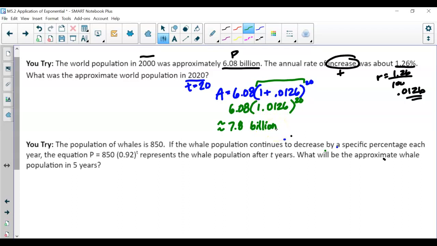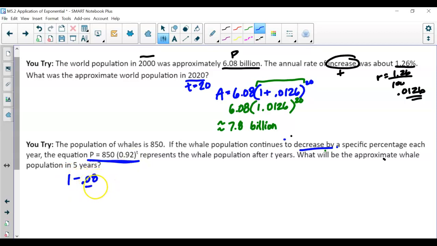Then in the second, this equation was given to us. Decrease. So here, the initial amount, 850. So just maybe for practice, if the base is 0.92, right? We know that this is a decay, but by how much? What percentage? Well, if this is out of 1 or 100%, what is the percentage that got subtracted? 8%, because here I've got 1 minus 0.08, right?